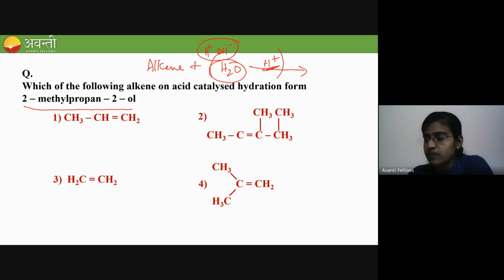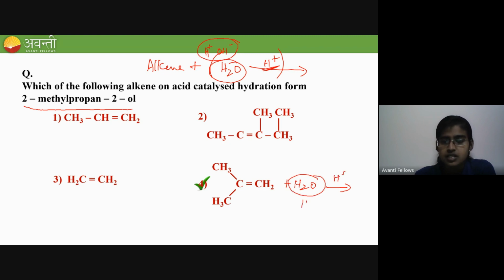Okay, as we don't have enough time, I will go with the answer. It is option 4. So in option 4, if I add H2O in presence of H+, how to add this H2O? Since H2O contains H+ and OH-, I have to follow Markovnikov rule because this is an unsymmetrical alkene. So break the double bond, add hydrogen to the carbon which has more number of hydrogens, that is CH2, and add the negative part to the carbon which has very less number of hydrogens.